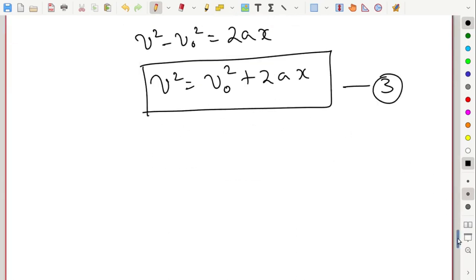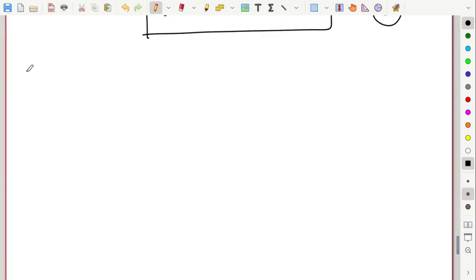Okay. So to recap, we have three equations of motion. So equations of motion using kinematic equations of motion. அப்ப என்னன்னா, first equation is either we can write v equal to v naught plus at, or you can write v minus v naught equal to at. எது வேணாலும் எழுதிக்கலாம். இதை எடுத்துக்கலாம். இதை வச்சுப்போம்.